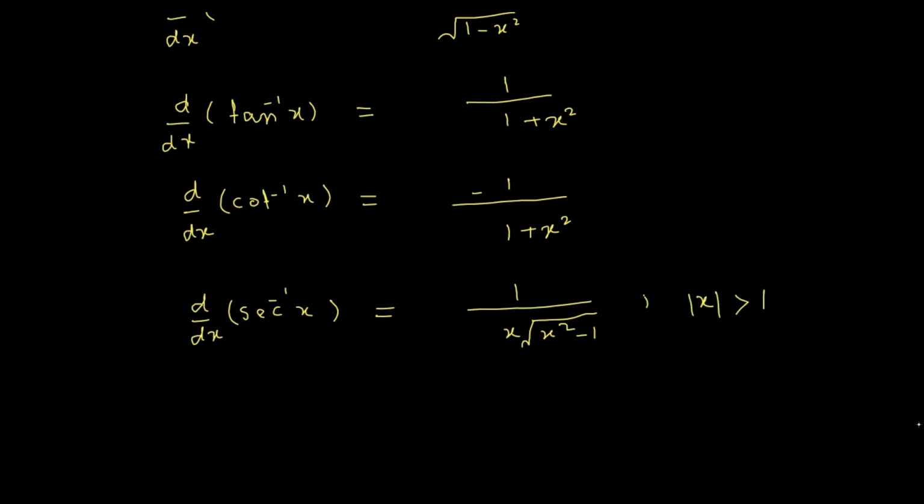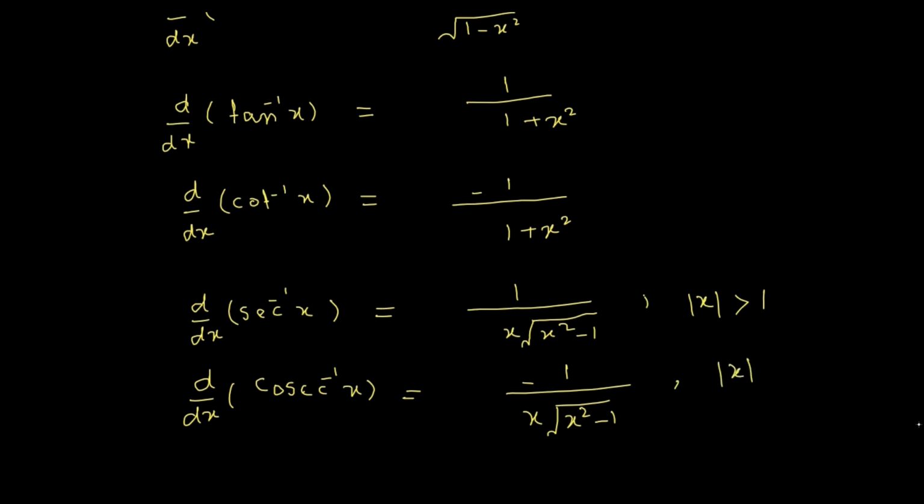Okay, and now the derivative d by dx of cosecant inverse x is equal to minus 1 over x into square root of x square minus 1, and as I have already explained, the condition is that x mod must be greater than 1.